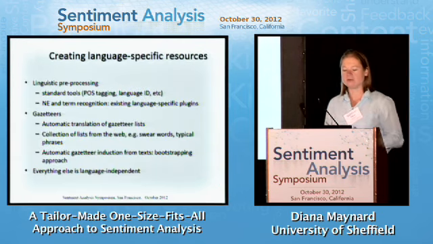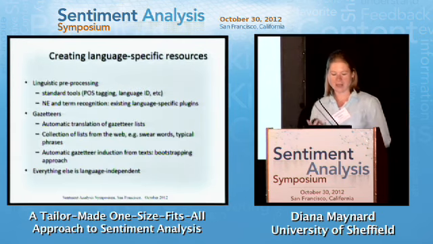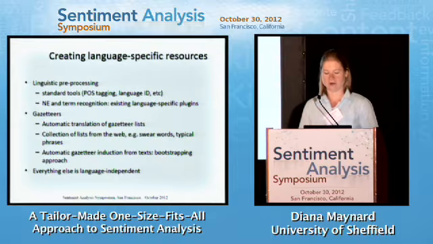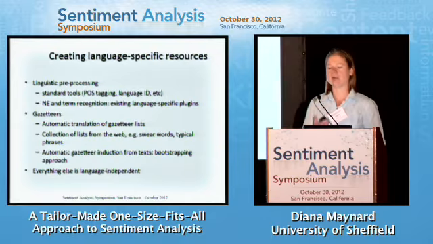So how do we create these language-specific resources? For linguistic pre-processing, we have a standard set of tools to do part-of-speech tagging, language ID, and so on for the different languages. We also use named entity and term recognition, again using some language-specific plugins that we've defined for the different languages.